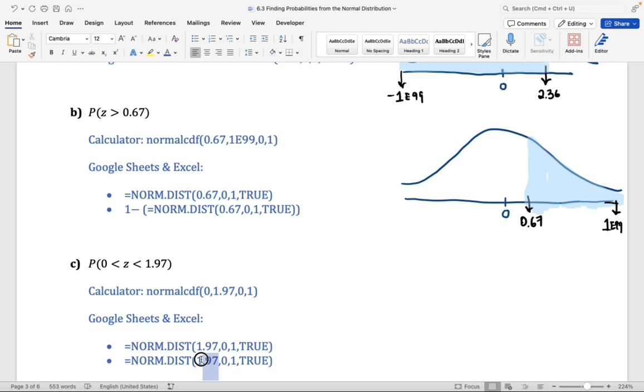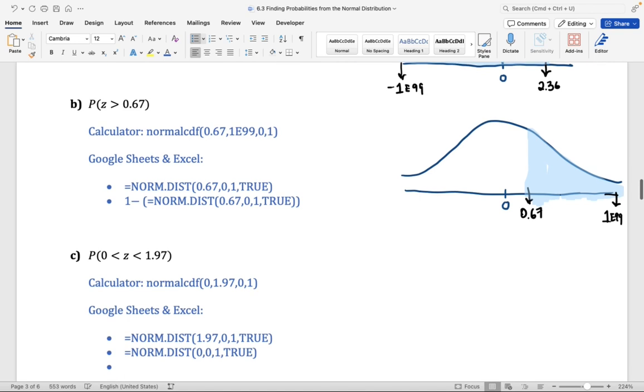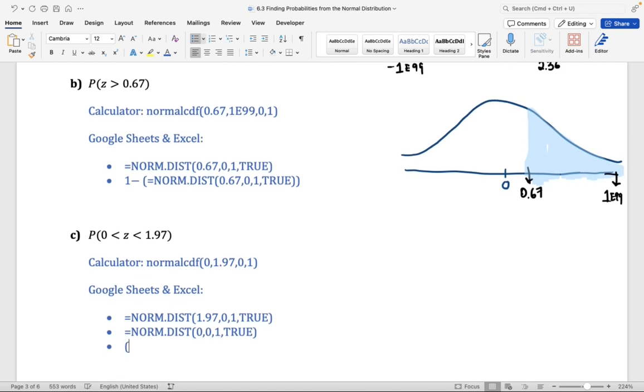This time we're going to replace 1.97 with 0. Again, because we want the area below 0. Once we have those values, we're going to take what we got for the area below 1.97 minus the value of the area below 0. In this case, you're always going to have the biggest value minus the smallest value, right? The area below 1.97 is going to be bigger than the area below 0.